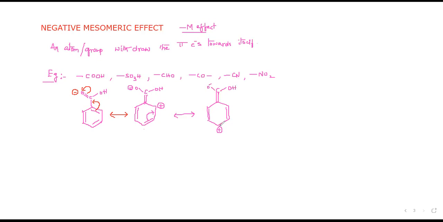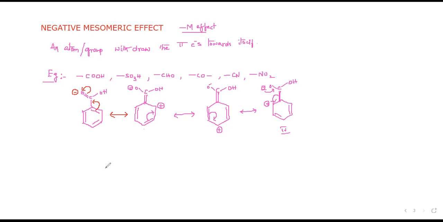Once again, if this double bond shifts, the positive charge comes on the other side of the benzene ring. Now the positive charge is here, and we get a double bond, C, O minus, OH. This is the fourth resonating structure. Once again, if this negative charge comes back and the double bond shifts, we'll get the first resonating structure. This type of effect is called the negative mesomeric effect.